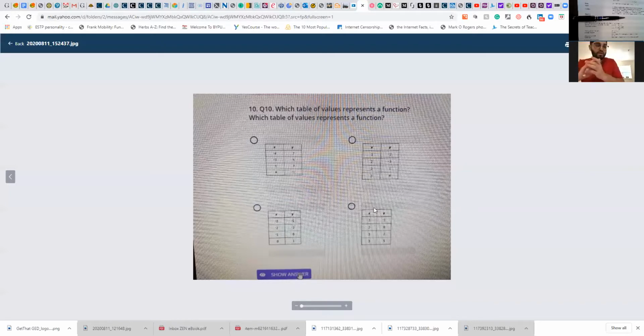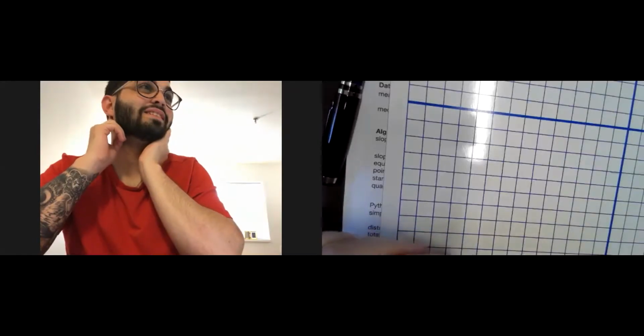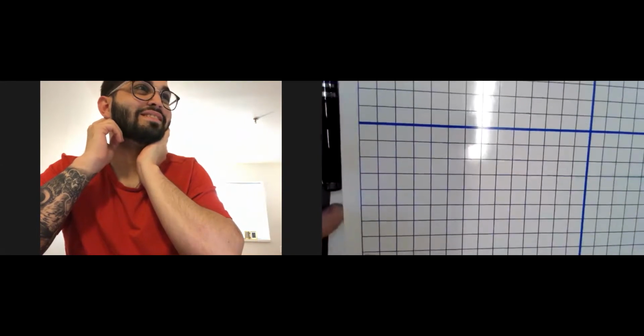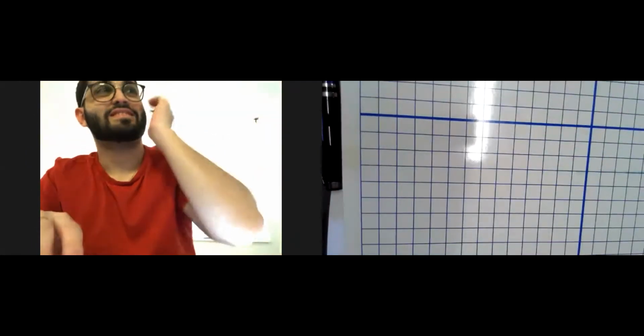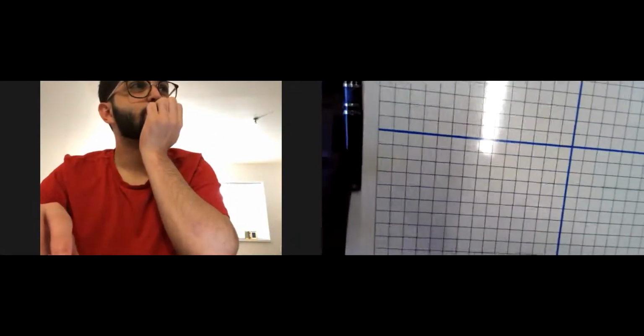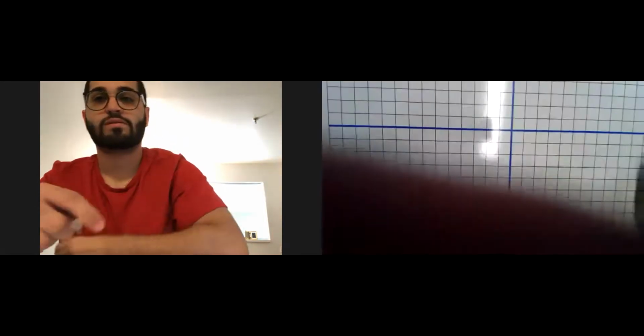But let's say we have two tables, where the X's are correct but the Y's are not. How do I identify that? So when we are graphing, let me stop sharing. So here's what happens if X repeats.